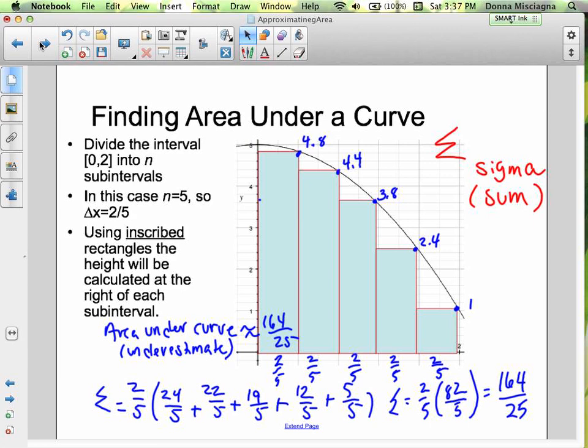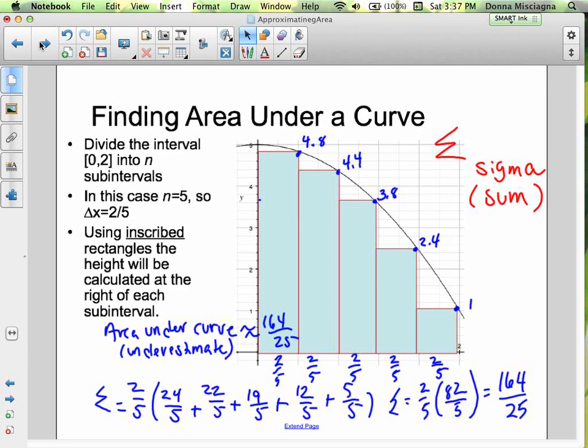All right, so divide the interval 0, 2 into n subintervals. In this case, our n equals 5, so that the width of all the rectangles, change in x's width, they're all 2 fifths. These end up being inscribed rectangles, same function as the next problem.